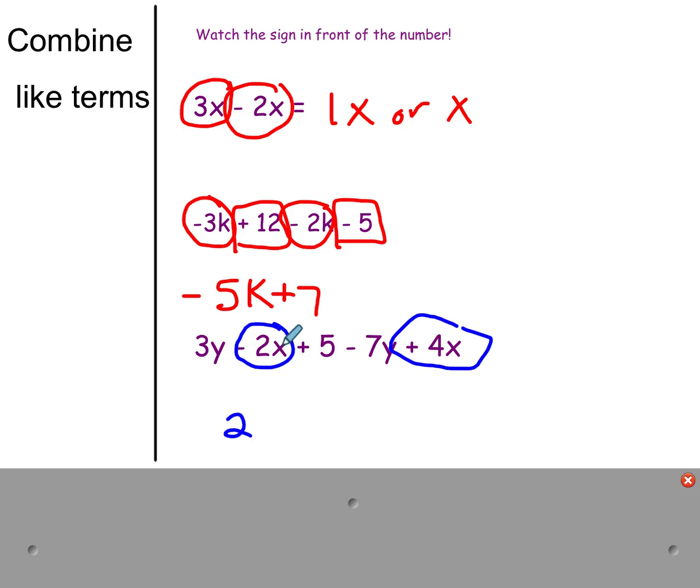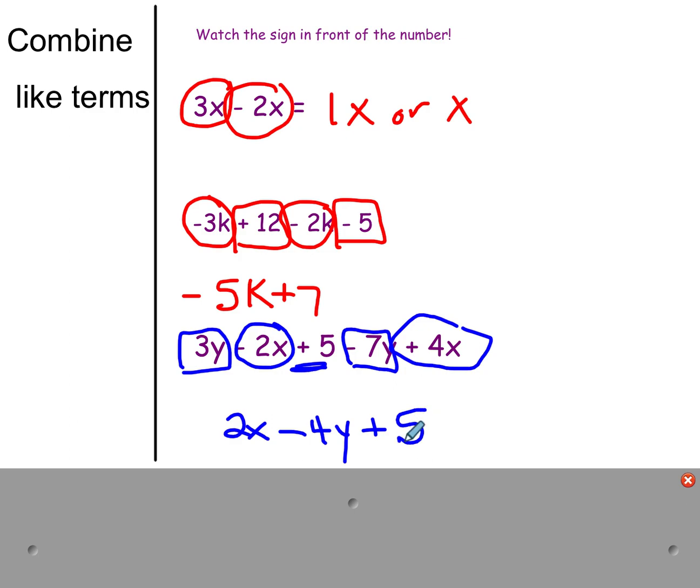Keep the sign of the higher, so it's a positive 2x. I don't need to put the plus sign out there, but I can. Then I have a negative 7 and a positive 3. Positive 3 and a negative 7 gives me a negative 4y. And then I just have this 5, so I have plus 5.